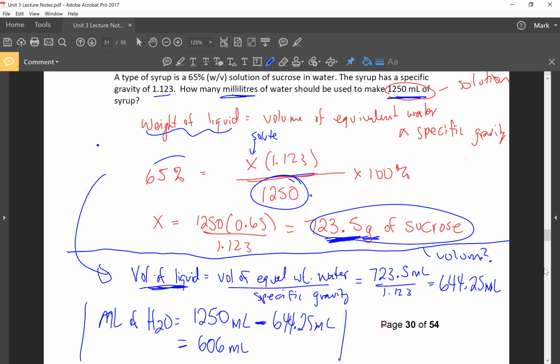The solution is on the bottom. It says how many milliliters of water should be added to make 1250 milliliters of syrup. Yes. So the X on the top is the solute. The 1250 is the solution. And again, I didn't use sucrose for the solvent because X is my amount of sugar, my solute.